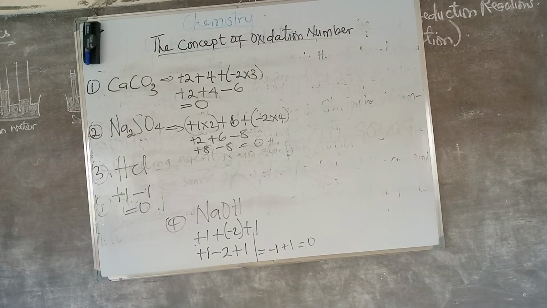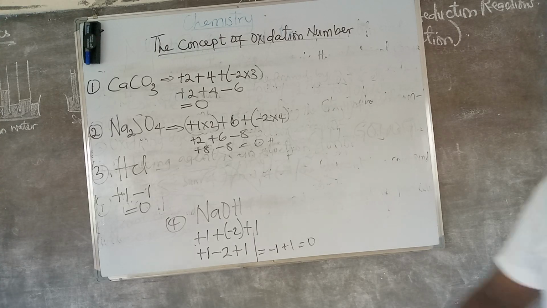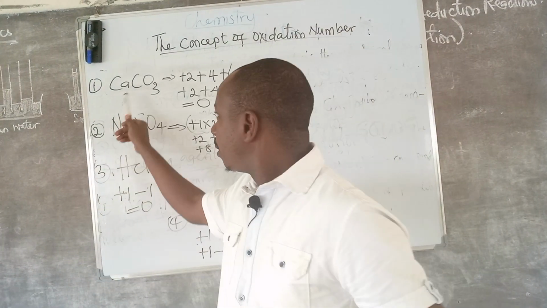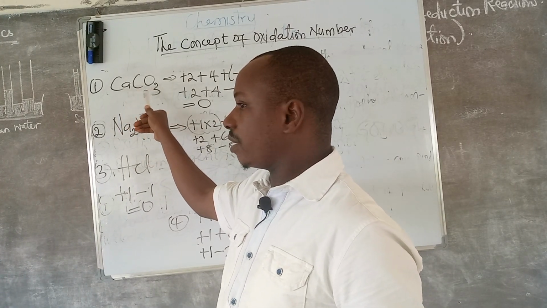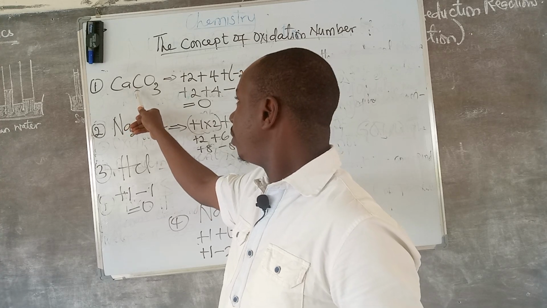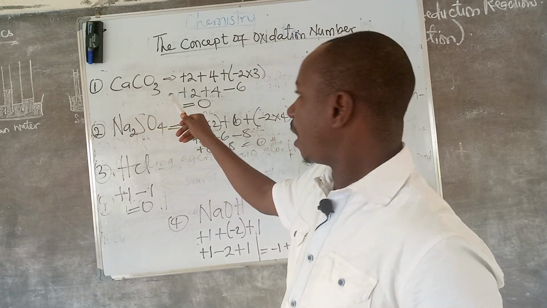Let us look at example 1 there, calcium trioxocarbonate(IV). The elements involved are calcium, carbon, and oxygen.